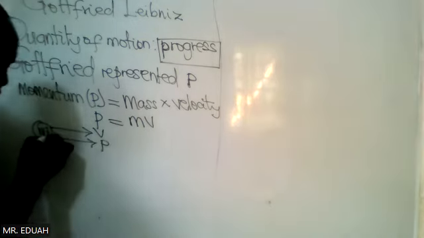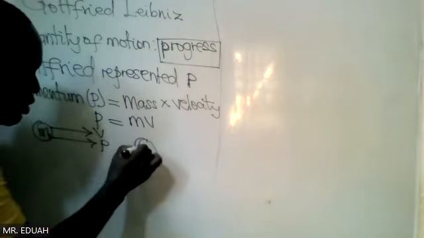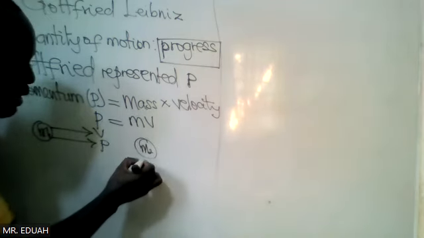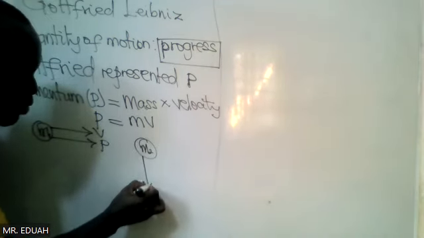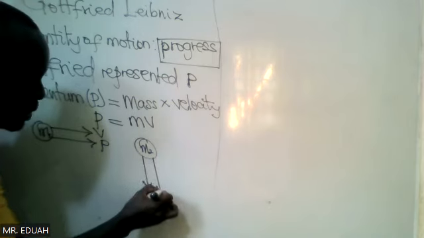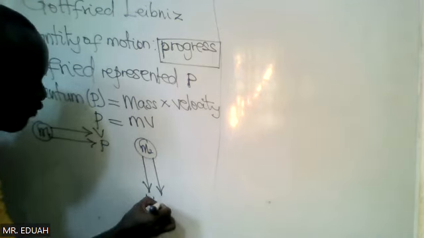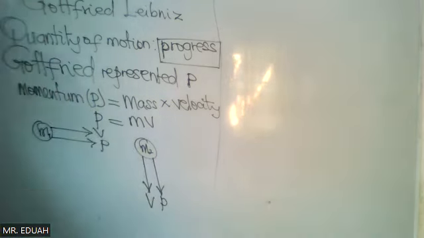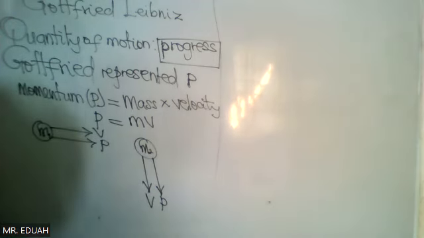If we have a given mass m2 and its velocity is downwards, then the momentum of the body would follow the direction of the velocity. So wherever velocity acts, momentum also acts in the same direction.